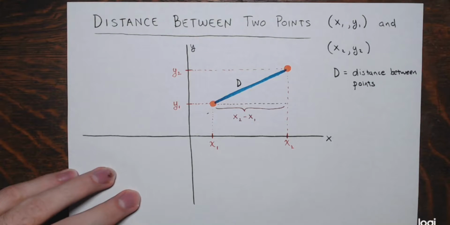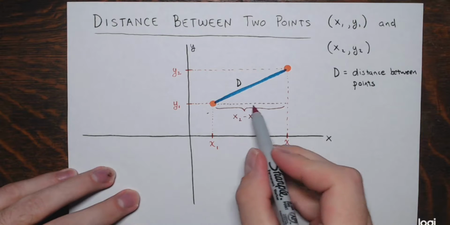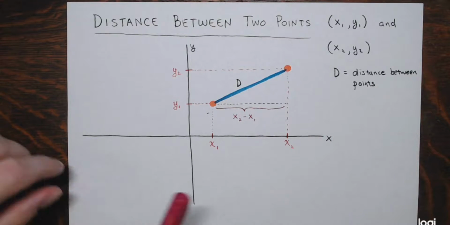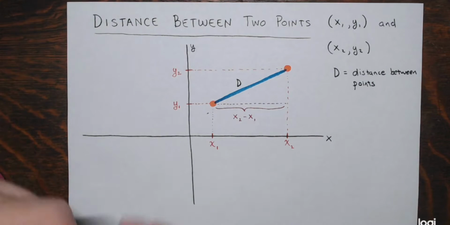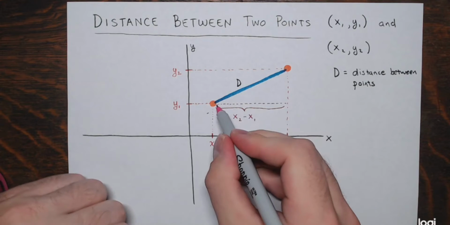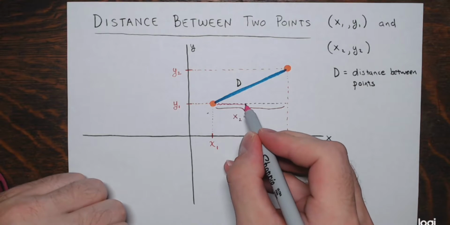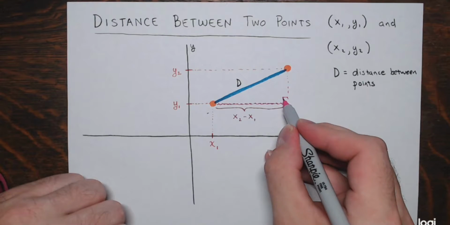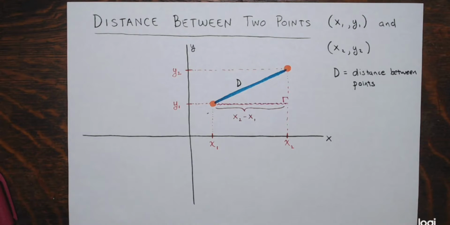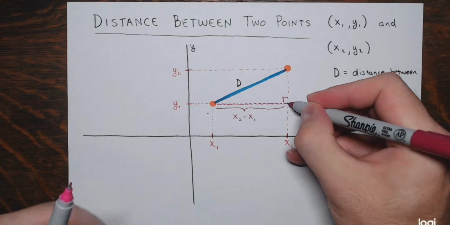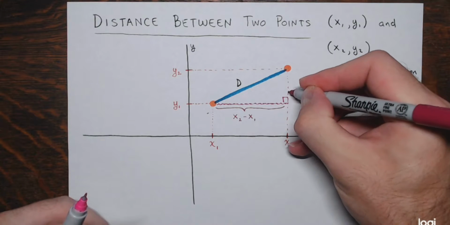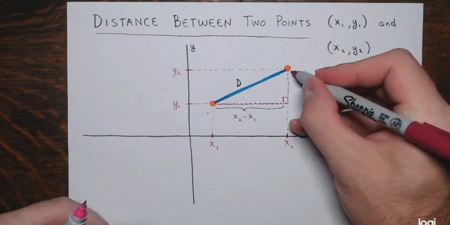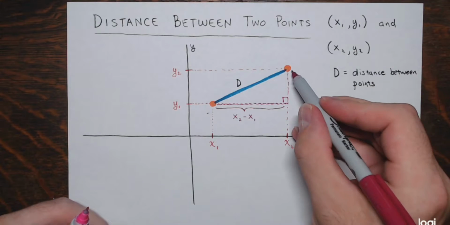So the length of one leg of this, hopefully you can see the right triangle, is this leg here. And then there's the right angle. Then I travel from this point up to the final point, the point with coordinates x2, y2.